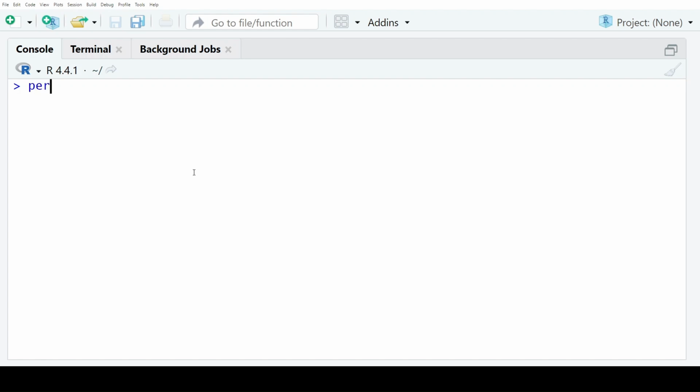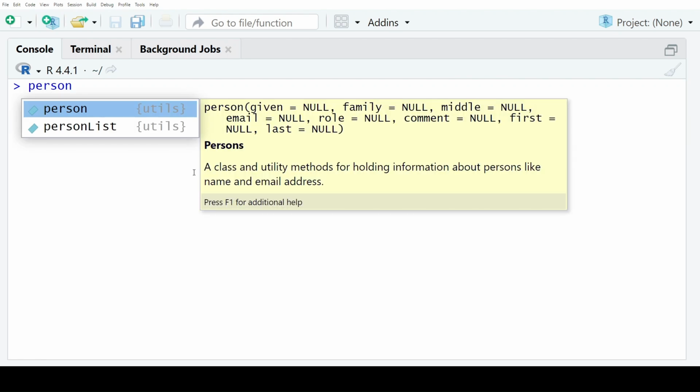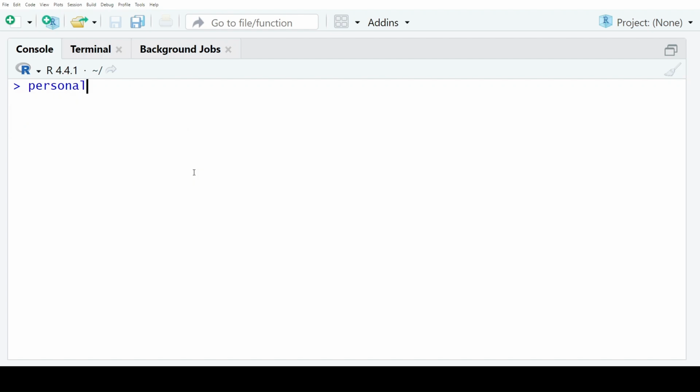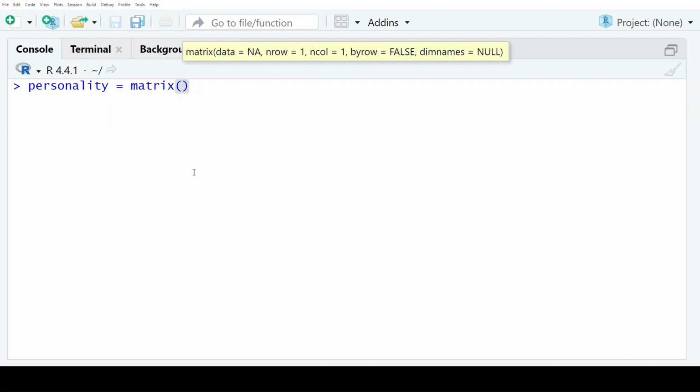So I'm just going to call it person for personality. Oh, never mind, that's a test. So I guess I'll spell out personality equals matrix. And then you go c, just the c parentheses, and type your values in. Now you can either go left to right or up and down. I'm going left to right.